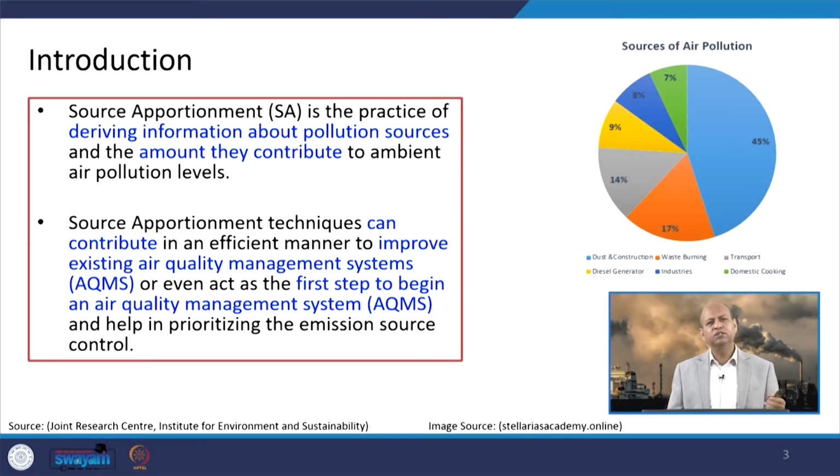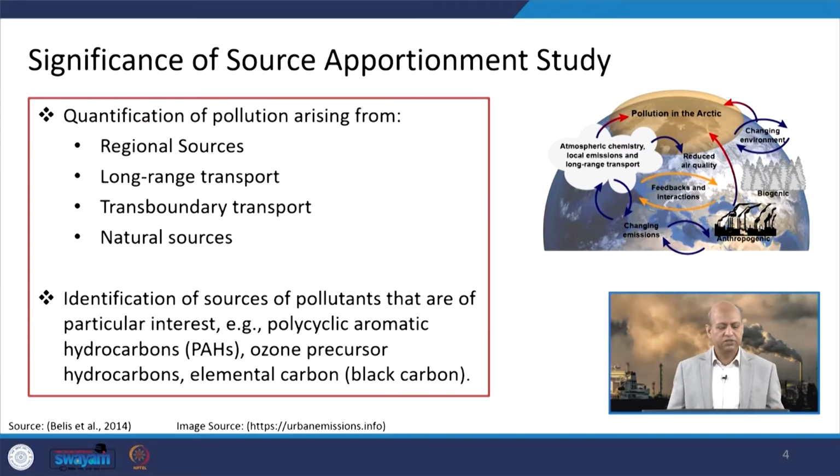They are used to look into the variety of sources which contribute significantly, so that we can target the dominating sources, control their emissions, and then reduce the air concentrations of those source based emissions.